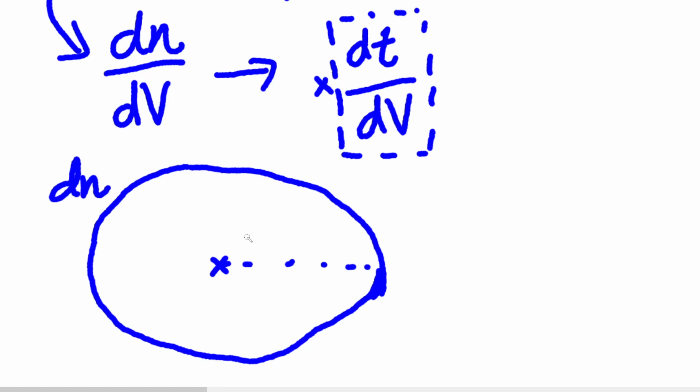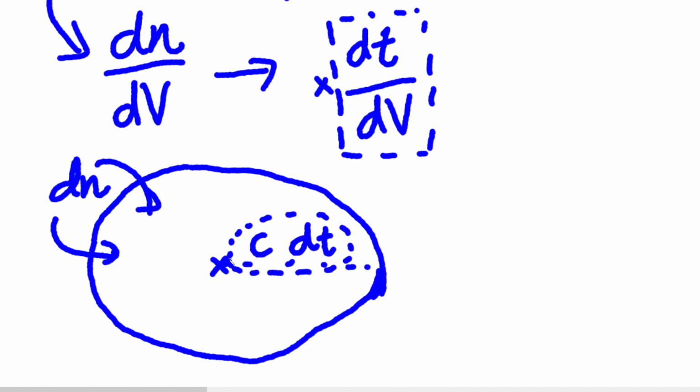And the sphere is some speed away from the result of light traveling for a certain amount of time dt, so c dt. So dn of photons are everywhere in here, and this is c dt, the radius, basically, of the space that contains dn of photons.